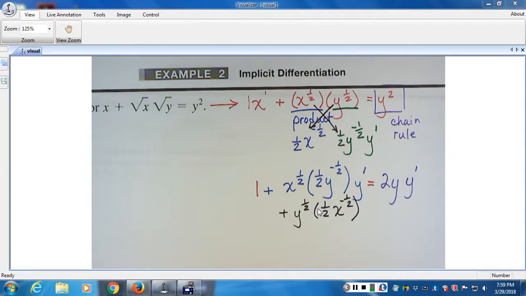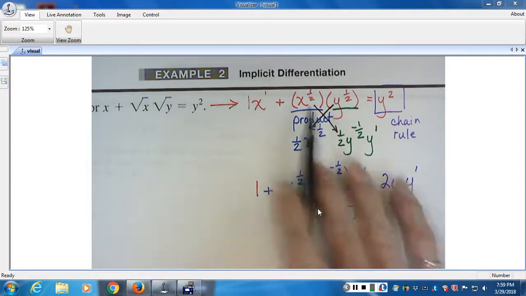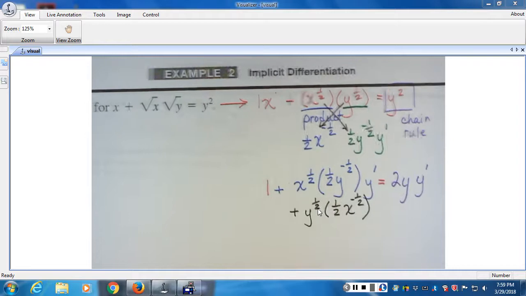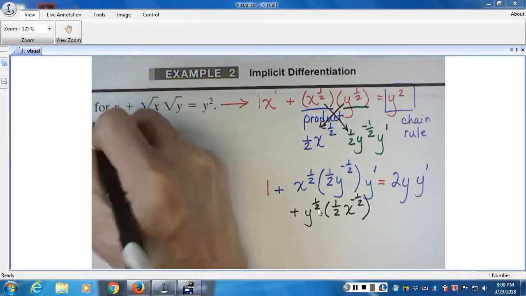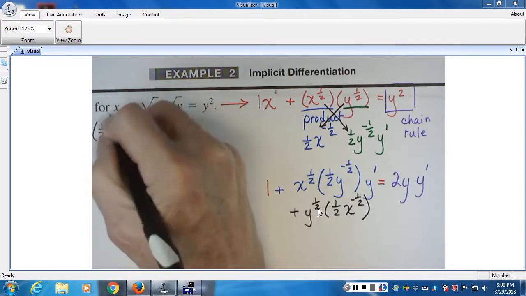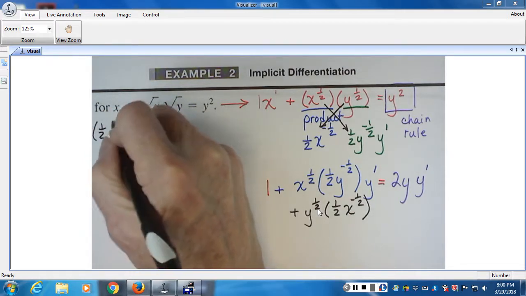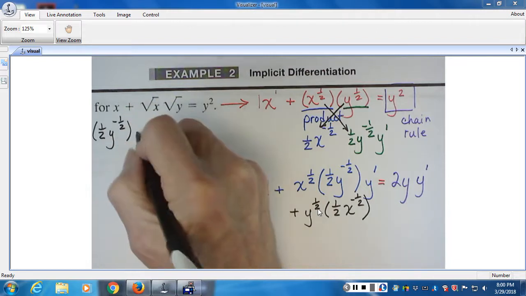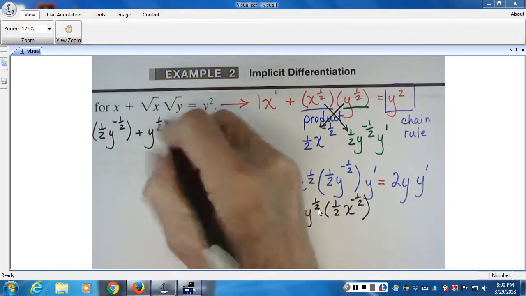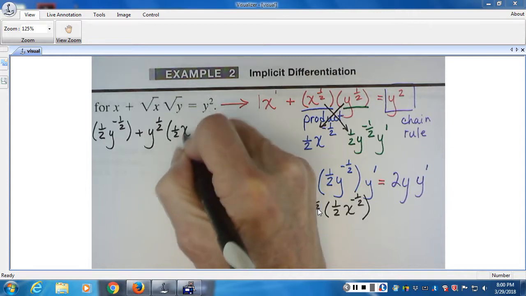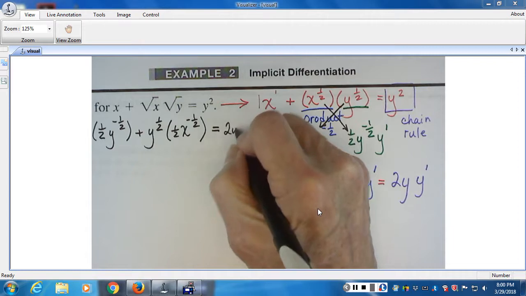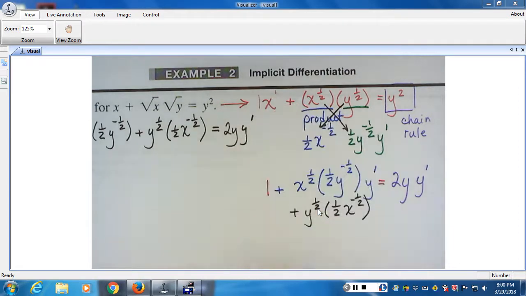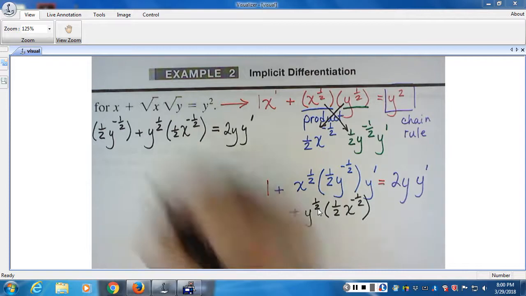So I actually now have 3 terms on the left-hand side because I get 2 terms out of the product rule. Oh, and I left out a y prime here.